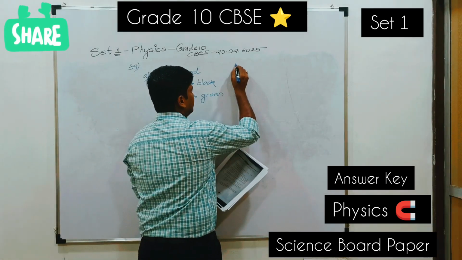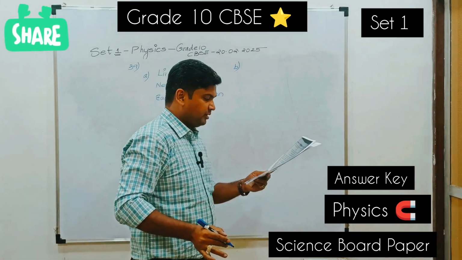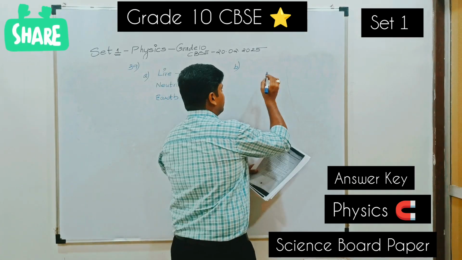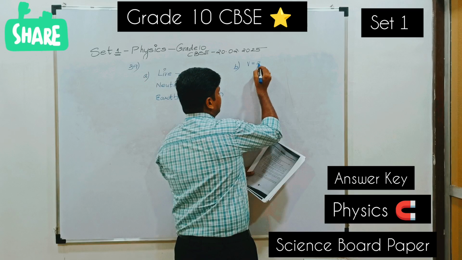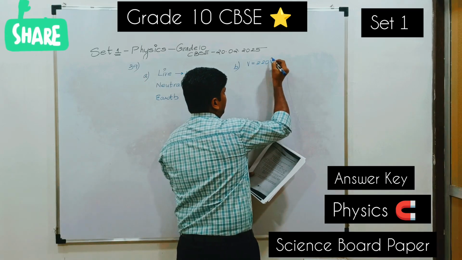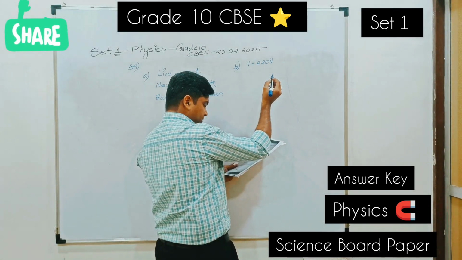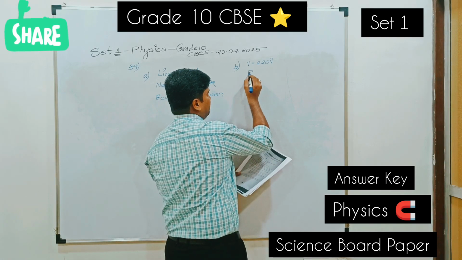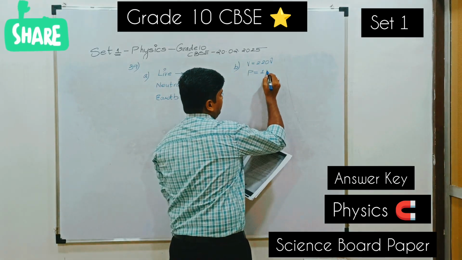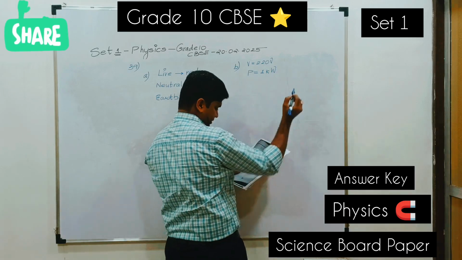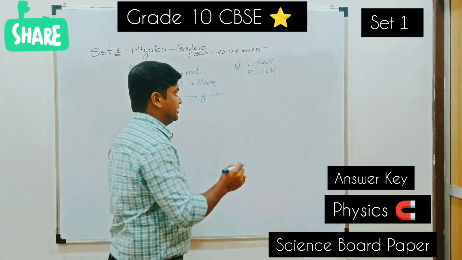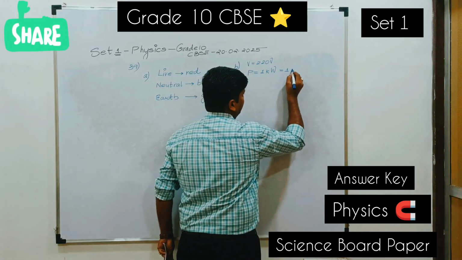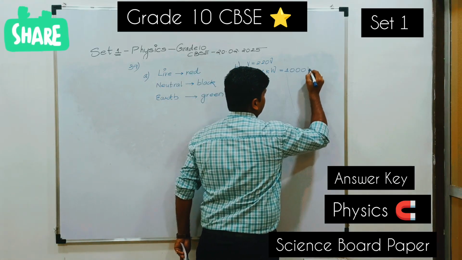Now option B. What should be the current rating of the electric circuit with the voltage of 220 volts, so that an electric iron of 1 kilowatt power rating can be operated? So rated power is 1 kilowatt, which I can write as 1000 watt.